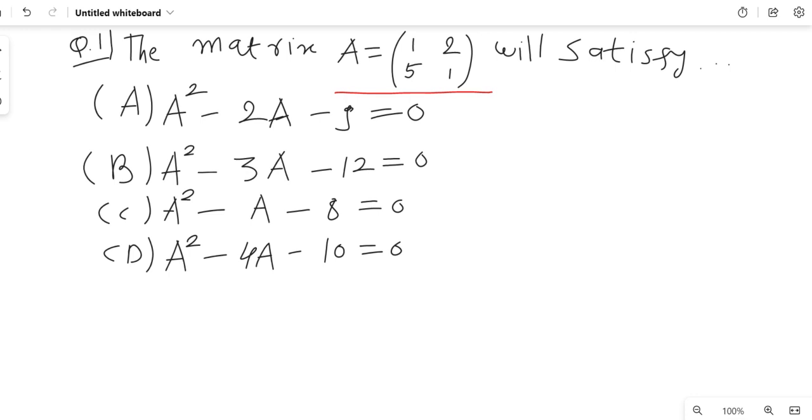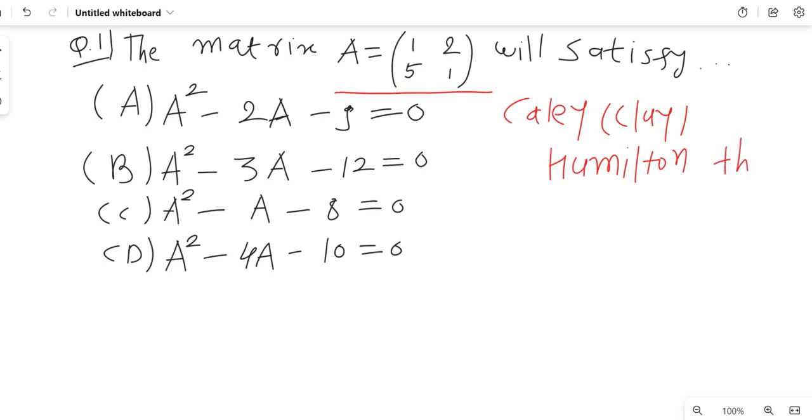In the previous video I also discussed the Cayley-Hamilton theorem, according to which a matrix must satisfy its characteristic equation, that is, the determinant of A minus lambda I must equal 0.